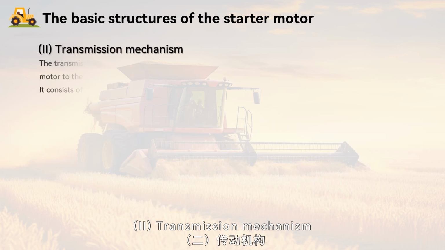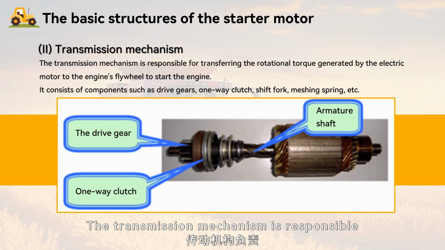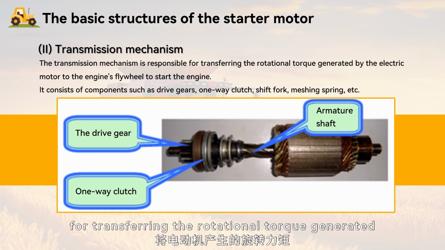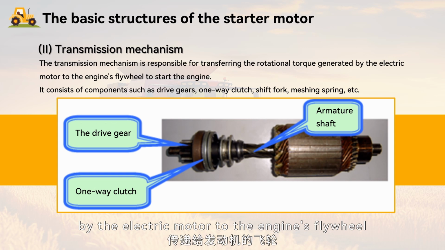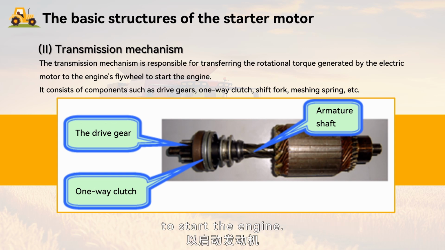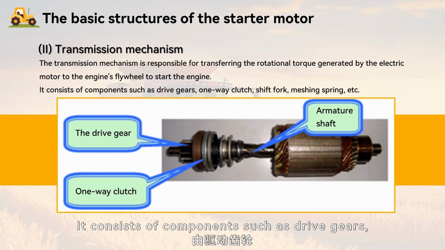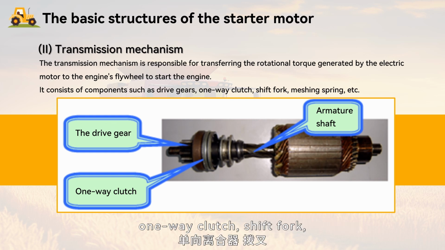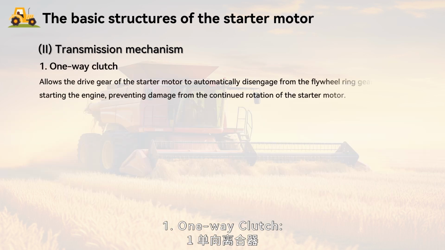2. Transmission mechanism. The transmission mechanism is responsible for transferring the rotational torque generated by the electric motor to the engine's flywheel to start the engine. It consists of components such as drive gears, one-way clutch, shift fork, meshing spring, etc. 1. One-way clutch.